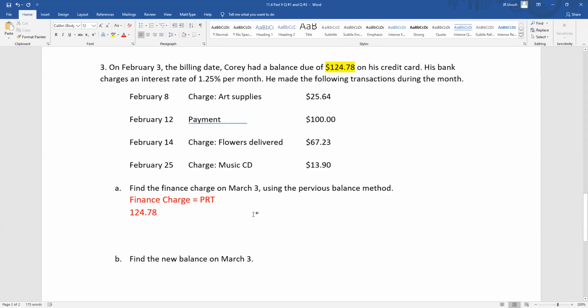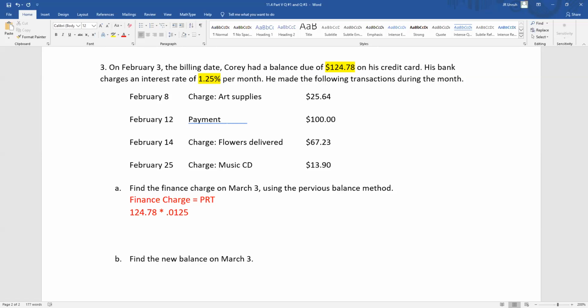We start with that, and we're going to multiply it times our interest rate, which is 1.25%. Make sure you don't forget to change the decimal. You have to move the decimal two places to the left when you go from a percent to a decimal, which is the same as dividing the percent by 100.